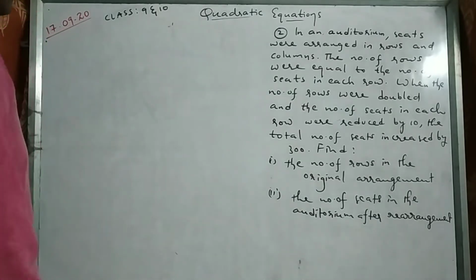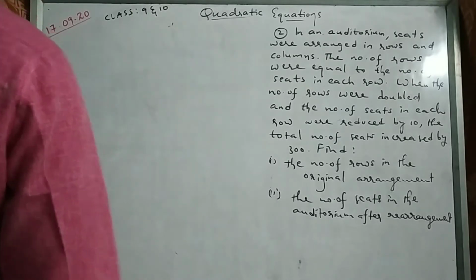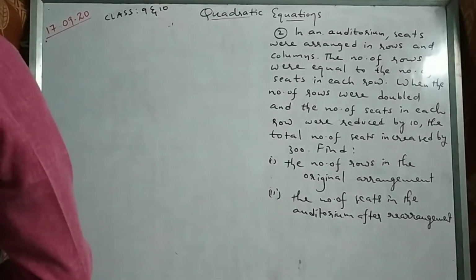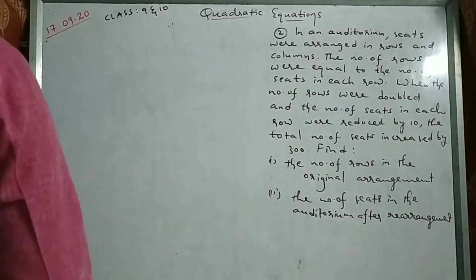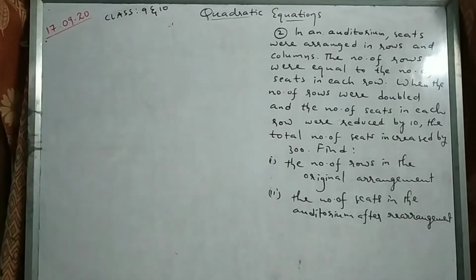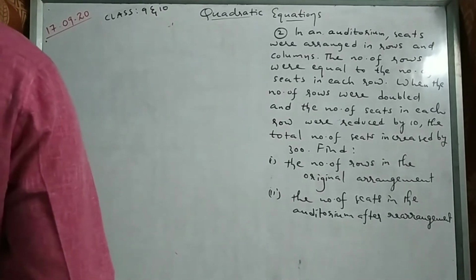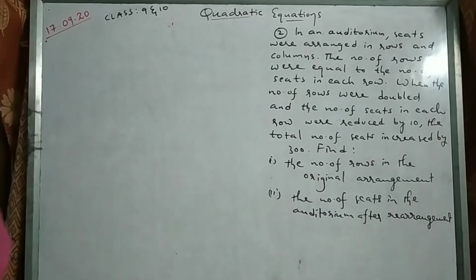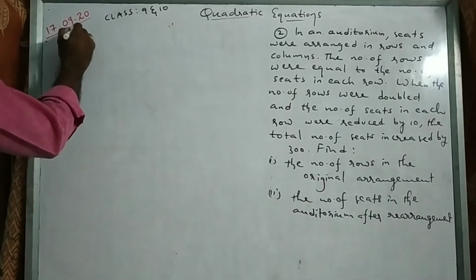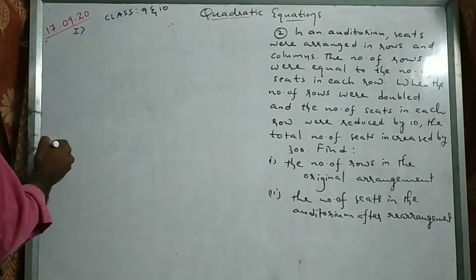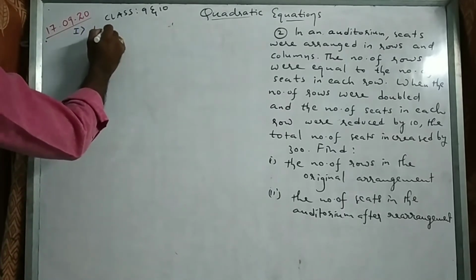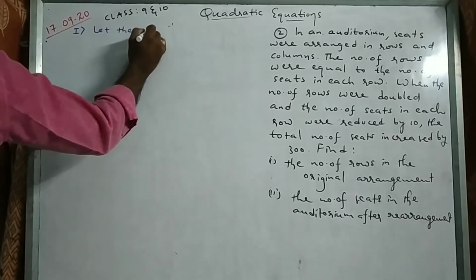In an auditorium, seats were arranged in rows and columns. The number of rows were equal to the number of seats in each row. So in first case, let the number of rows be x.